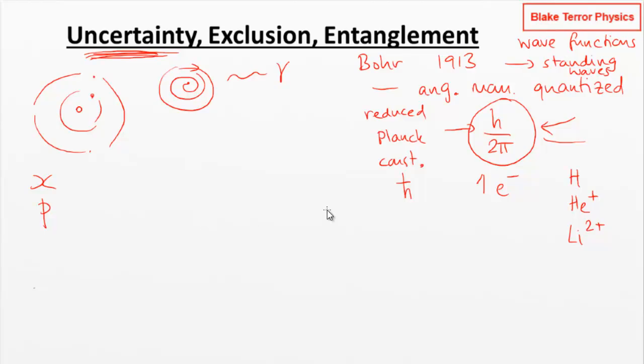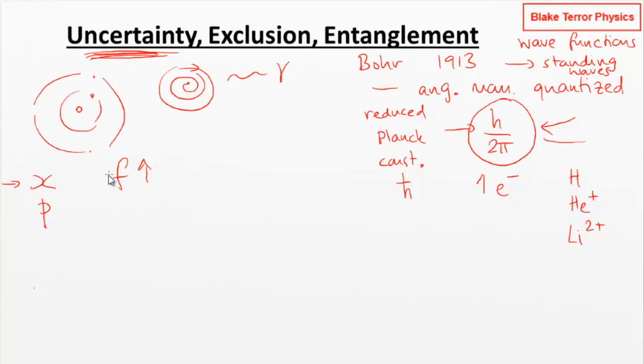Say you were measuring the position and momentum of an electron. Well, you need a photon interacting with that electron in order to measure this position and momentum. A higher frequency photon will measure position more accurately than a low frequency one. So if we want to get a really good measurement of our position, our x here, then we want to ramp up the frequency of the photon.